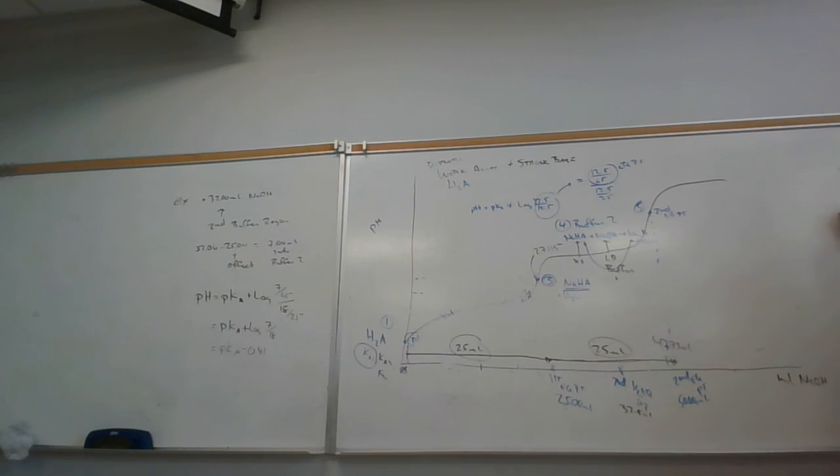And then we're going to have the Ka2 for oxalic acid. Ka2 for oxalic acid is just Ka for hydrogen oxalate. And Ka for hydrogen oxalate is 6.4 times 10 to the minus 5.